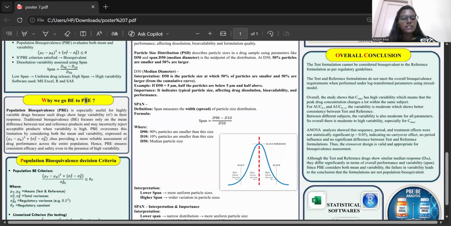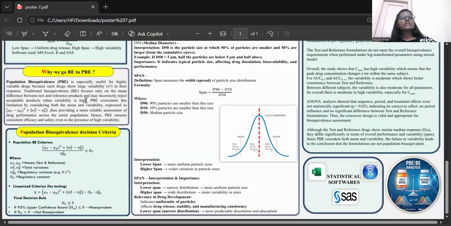PBE overcomes this limitation by considering both mean and variability, expressed as (mu t minus mu r) square plus (sigma square t minus sigma square r), thus providing a more reliable assessment of drug performance across the entire population. Hence, PBE ensures consistent efficacy and safety even in the presence of high variability.